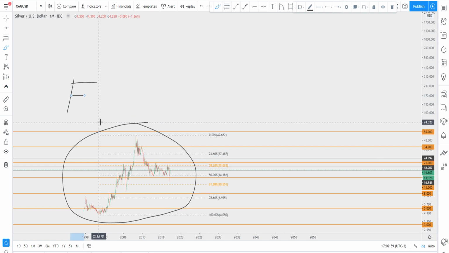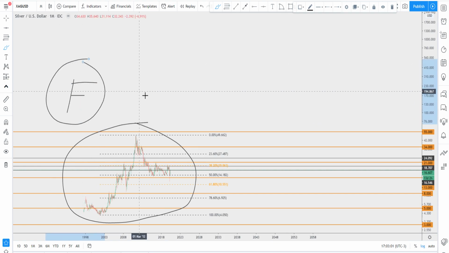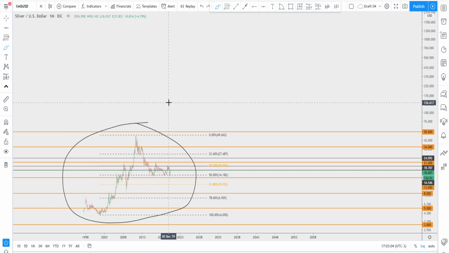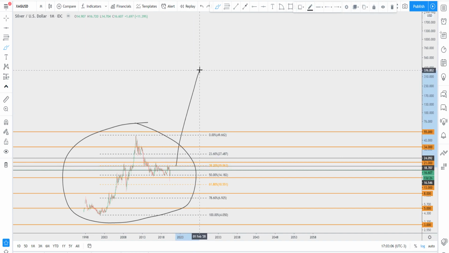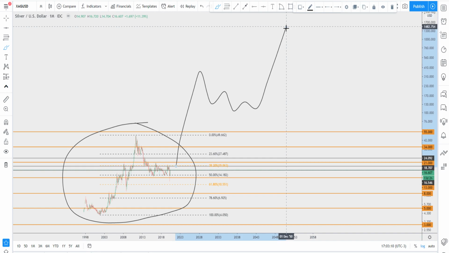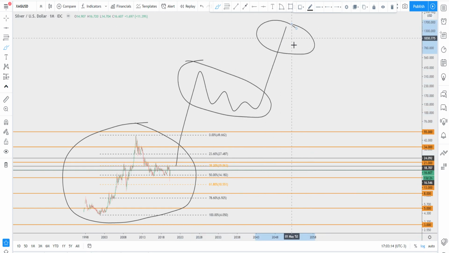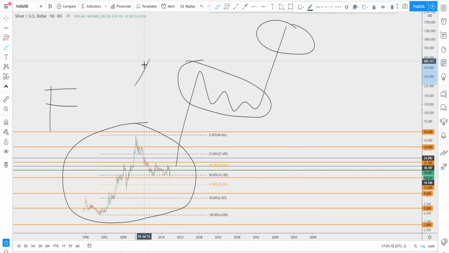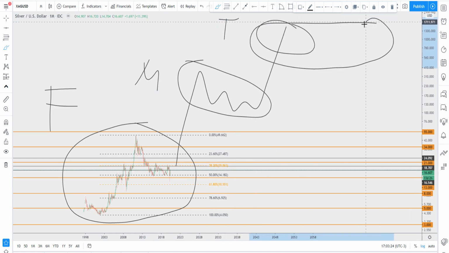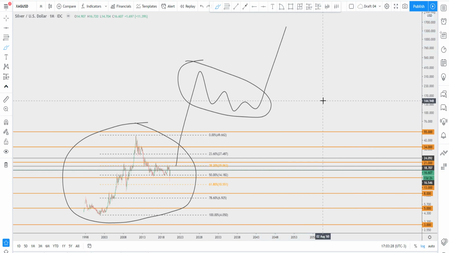Okay, so this is the floor for the first one, and later we are going to develop an even bigger structure before making another new high. Okay, so this is the floor, this is going to be the midway, and this is going to be our top. I'm not saying it's going to be around 1007, 1000, but it is possible.